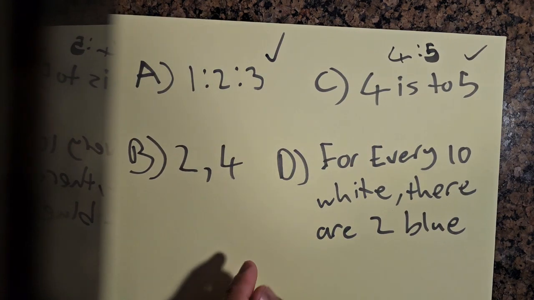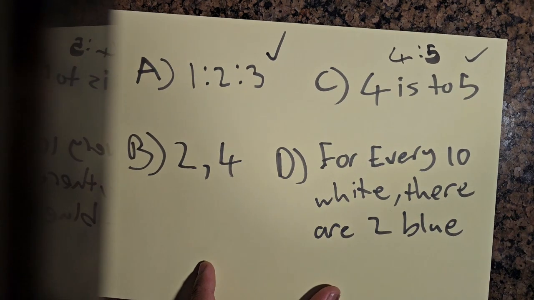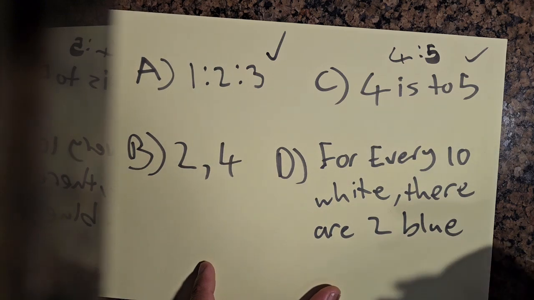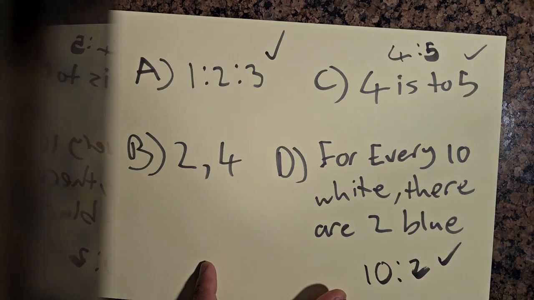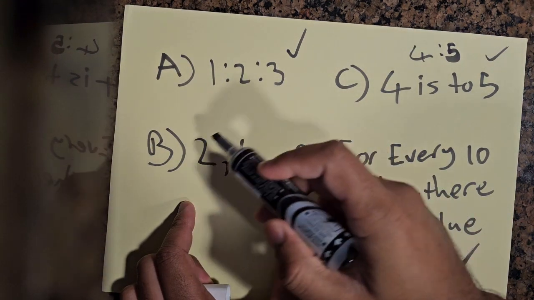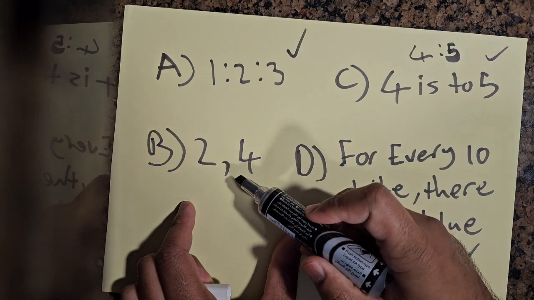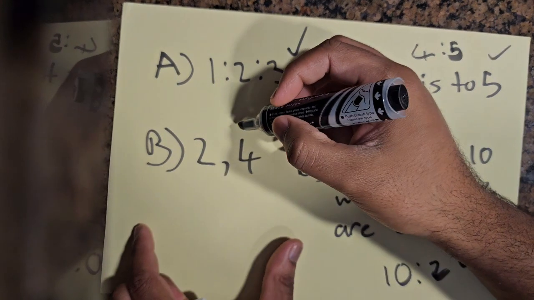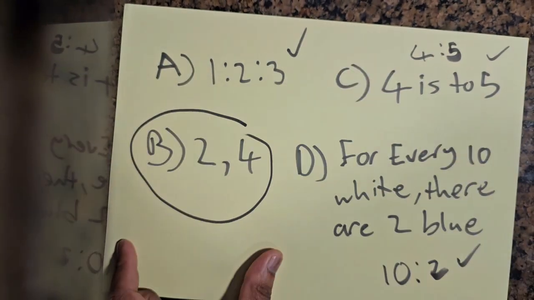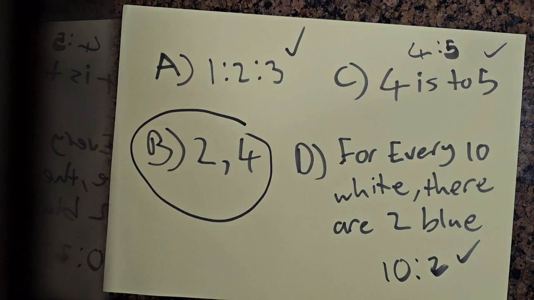The last one is again just a ratio written in word form. For every 10 white, there are 2 blue, which just means 10:2, which is also true. But if we look at this one, the convention that was used is wrong. We don't use a comma to represent a ratio. So this is just writing a decimal. So the answer is B, 2.4 is not a ratio.